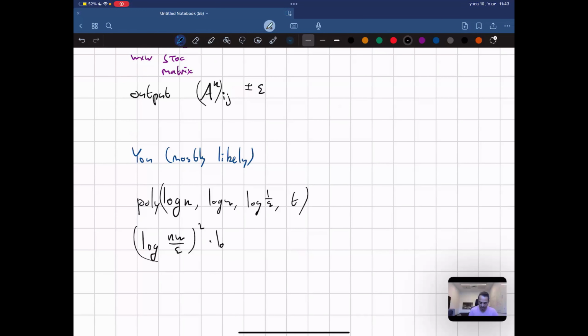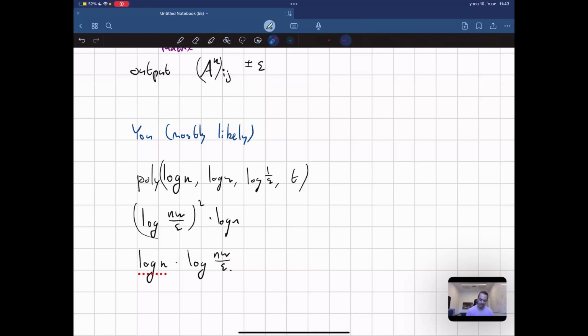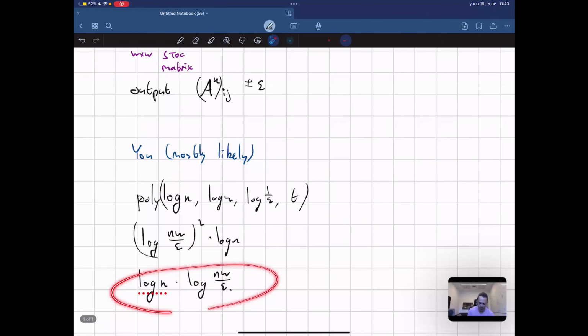But you can be a bit more careful and get such a result. Everything is O notation, of course, hiding constants. So this is the space complexity that you'll probably get if you try to do that naively, or less naively, but not paper worthy. Indeed, using Nissan, you can get this space complexity.